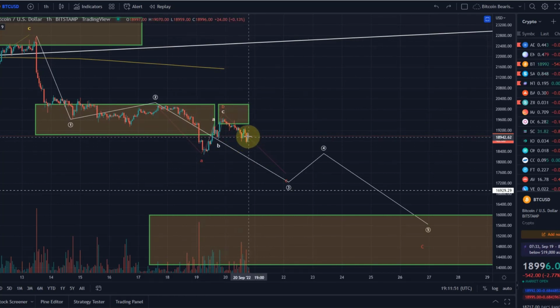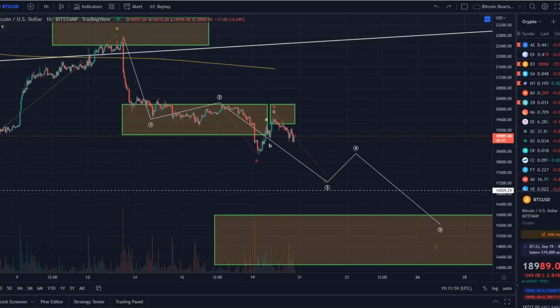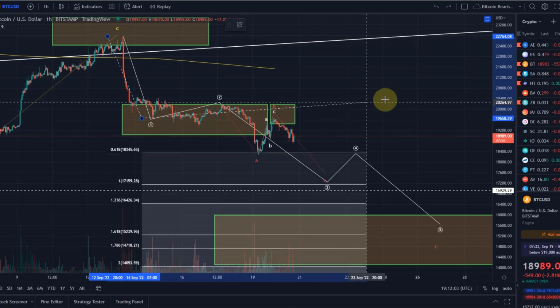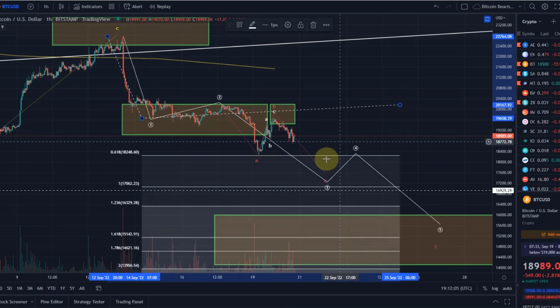That leaves the problem that we don't really know how this is now carrying on. So it's best to look at certain key support and resistance levels. We have within the wave 3, this is where we are. By the way, the target for the wave 3 remains what it was before, here around the 17K level, maybe a little bit higher, but roundabout the 17K level.